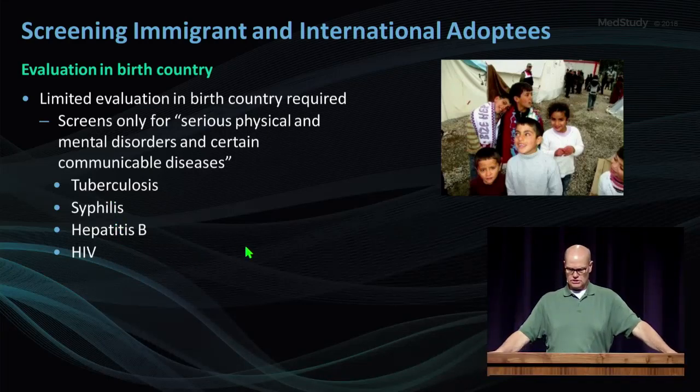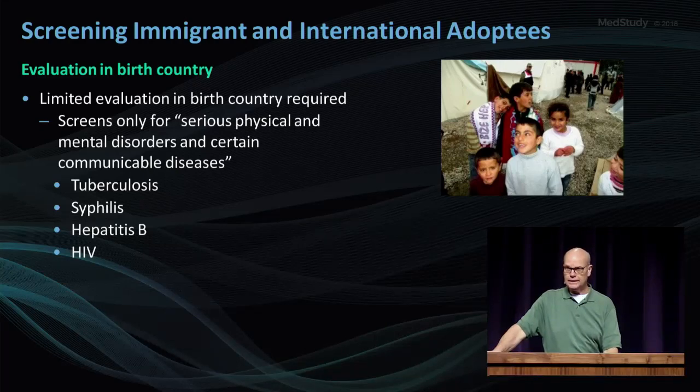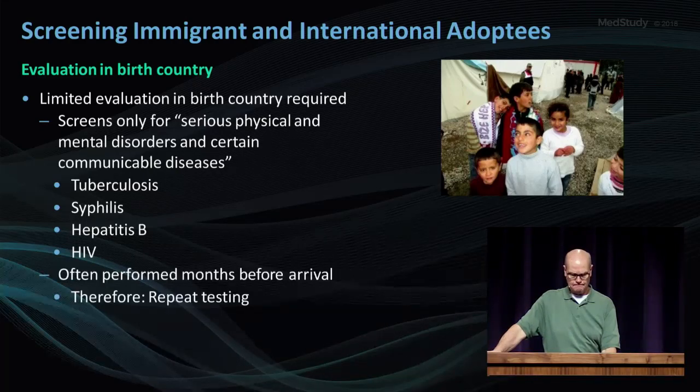So suffice it to say that their health care has probably been very limited at best, and that if they do come with records, they're going to be pretty brief.